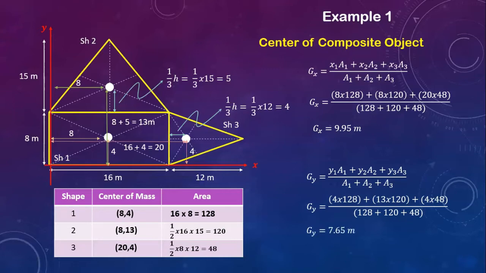We found Gy equals 7.65 meters. Okay, so we found the center of the composite object is 9.95 meters, 7.65 meters. Is it clear, everyone? Good.